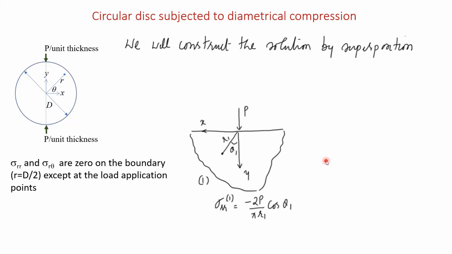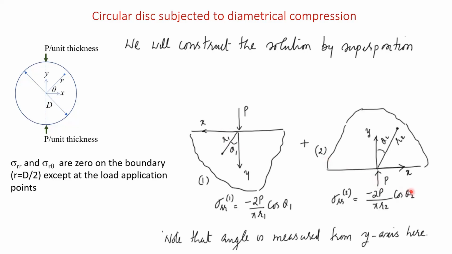To this, we will add a second Flamant problem as shown here with the axis reference as shown. The coordinate reference for this is r2 and theta 2. And the stress field for this problem is sigma rr2 equal to minus 2P by pi r2 times cosine theta 2.